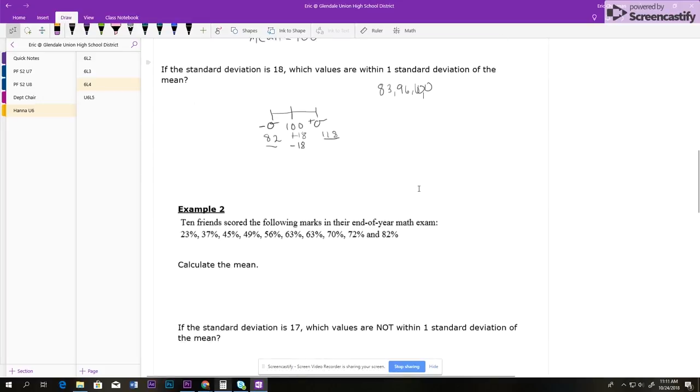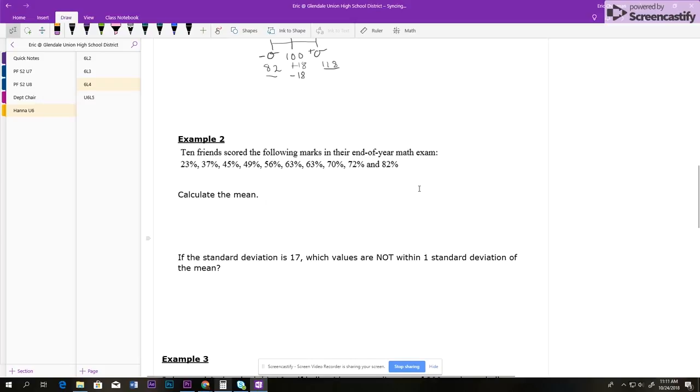All right, let's take a look at example 2. 10 friends scored the following marks in their end of the year exam for math. We're going to calculate the mean. So again, we are just going to add them all up and then divide by the total numbers.